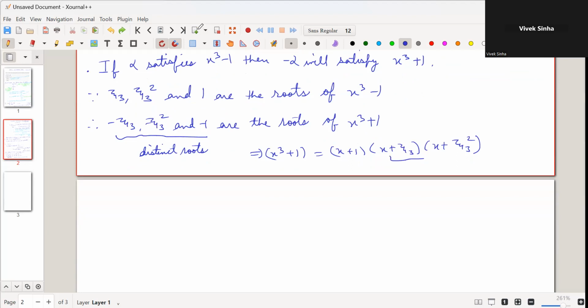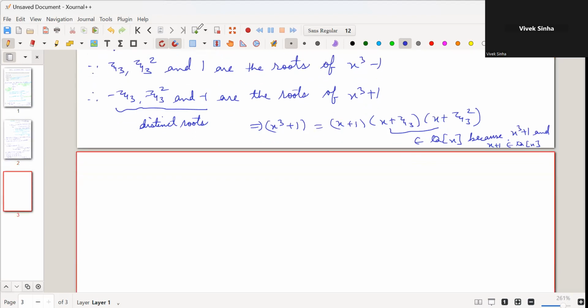Now, this has to be inside Q[x], because x cube plus 1 and x plus 1 are inside Q[x], right? So we are just dividing. So this is a rational polynomial, right? That's how you are getting x square minus x, or whatever is written there.